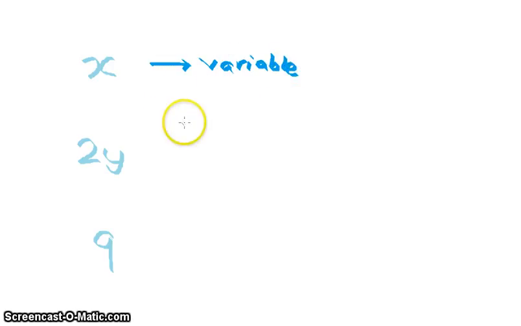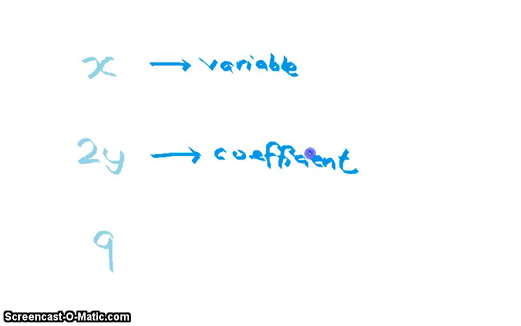It's good to know what kind of number it is in the algebraic world. This is the coefficient. And this one is your numbers that you've been toying around with for many years. This one is called a constant.